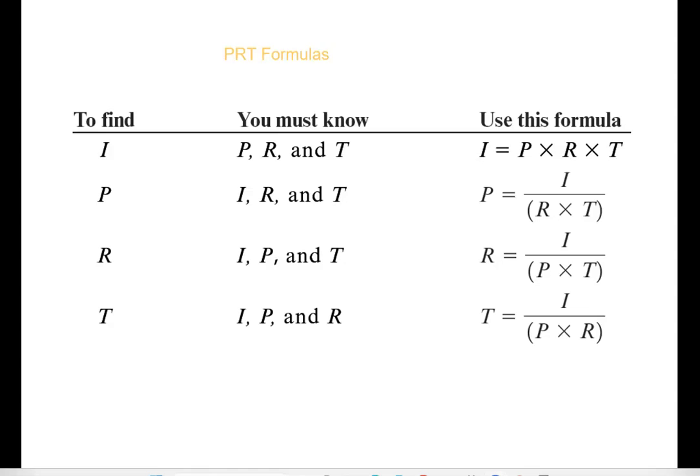If you know your rate and time and your interest and you need to calculate your principal amount, you would use this formula. If you need to calculate your rate, you can do that by taking your interest amount and putting that over your principal times time. And to calculate time, you're taking, again, your interest over your principal times your rate.